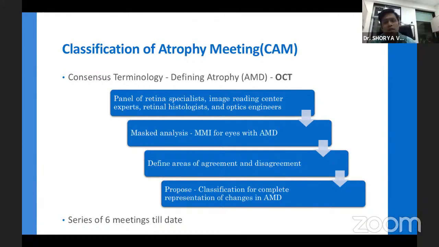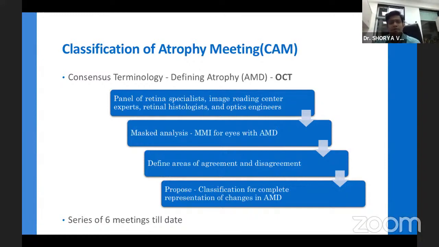Before, it was being seen on a color fundus photo and a FAF. Now it is being seen on an OCT, because the OCT can give a layered evolution of these changes of the retina, which was not possible otherwise.